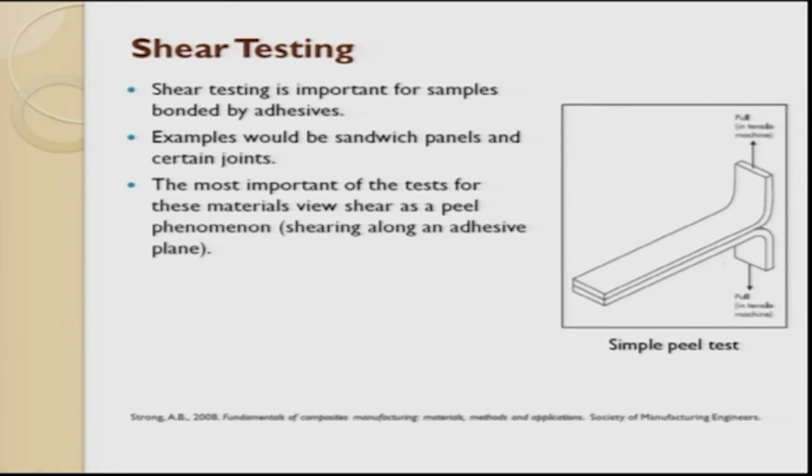The next one is called the peel, or shear test. In the shear test, we take two laminates and try to see what is the adhesion strength between these two. This testing setup is difficult. Second, the data which comes out of it has to be very minutely monitored.